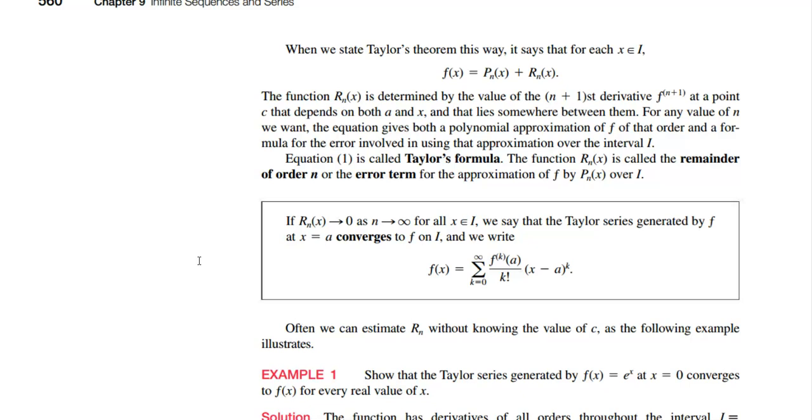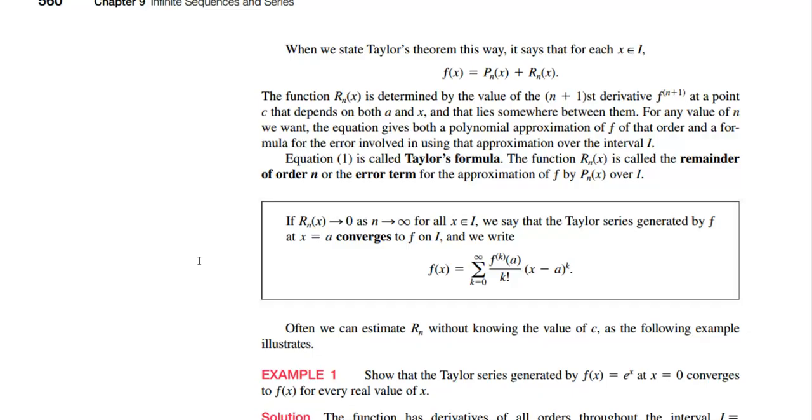And that function, r sub n of x, is determined by the value of the (n+1)th derivative at a point c that depends on both a and x and is somewhere in between them. For any value of n we want, the equation gives both a polynomial approximation of f of that order and a formula for the error involved in using that approximation over the interval I.